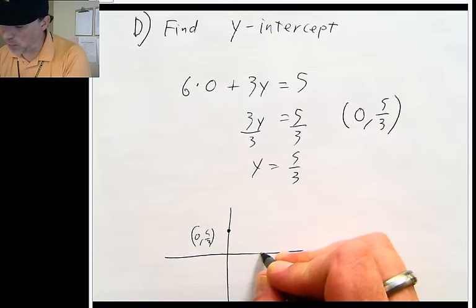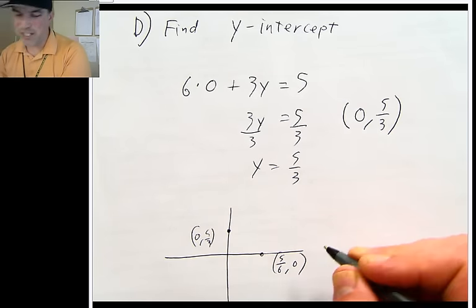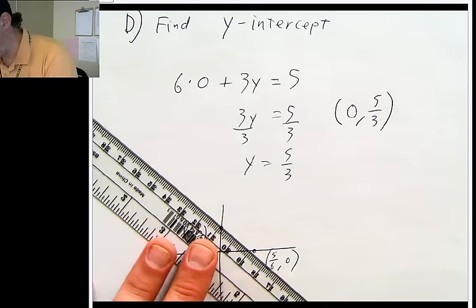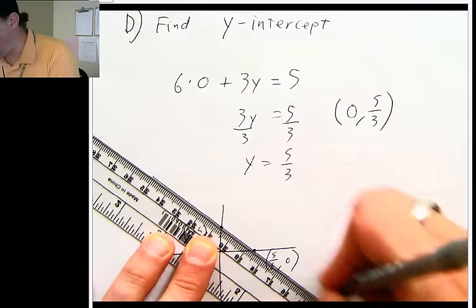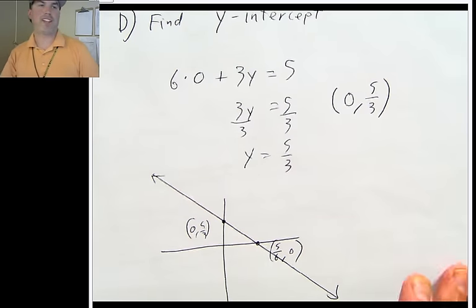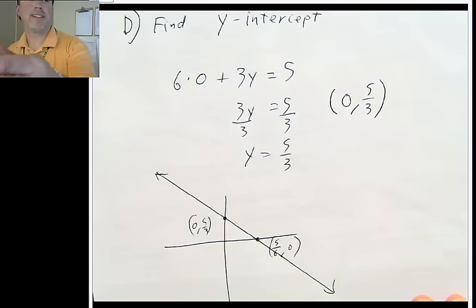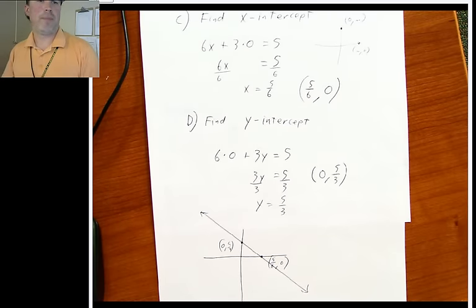You could label that point as being 5/6, 0. And because you know this is a linear equation, the graph for this particular equation would be the line that passes through the x and the y-intercept. So that's how you can quickly use an x and a y-intercept to draw a linear graph. It's a helpful technique. It works.